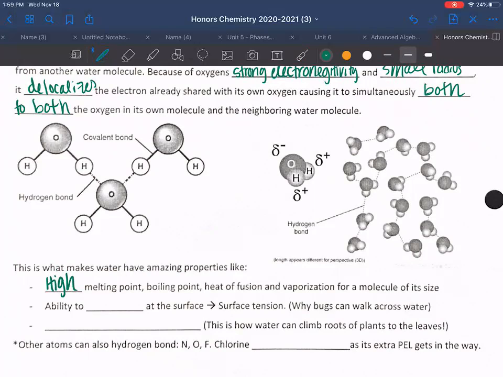And so this also gives its ability to form a skin. And what I mean is surface tension. So if you've ever seen a bug or something walk across a lake, it's because of the surface tension that water can form with itself. And last but not least, it also makes it able to climb up narrow spaces.